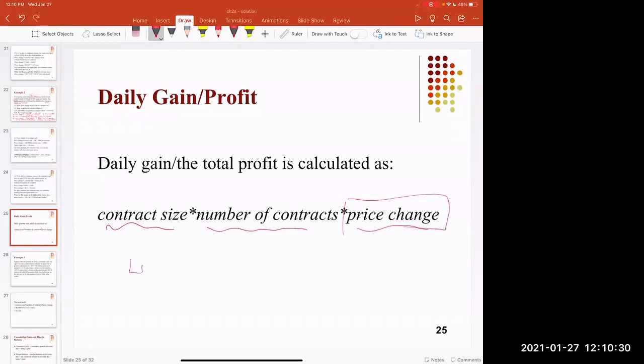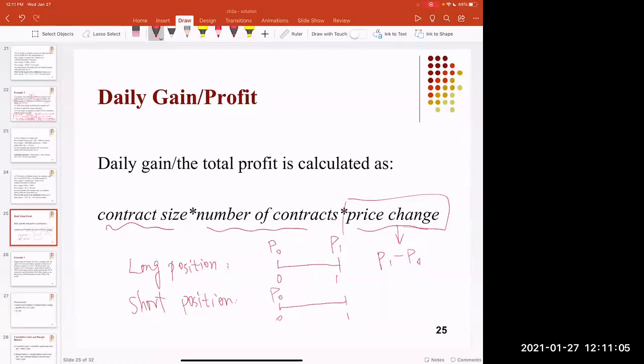If you take a long position, we call the price at time 0, basically you buy, and then you sell at P1. So the price change here should be P1 minus P0. If you take a short position, again, time 0 and 1.